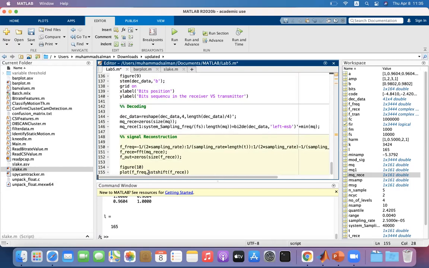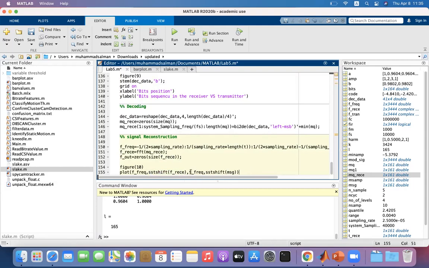And also I can cross compare it with the message signal that I had transmitted from the transmitter. So I can also say freq and the frequency domain signal of the transmitted signal. So I can say that FFT of the MSG.